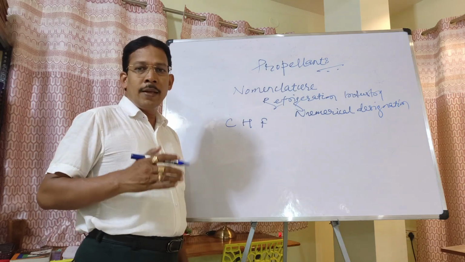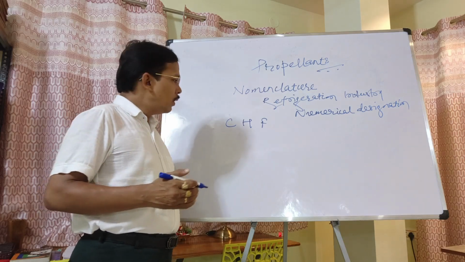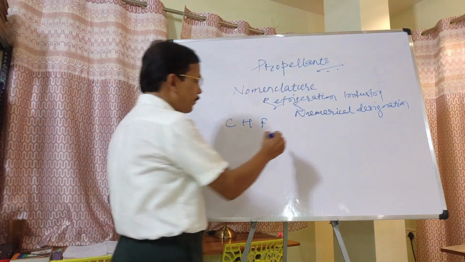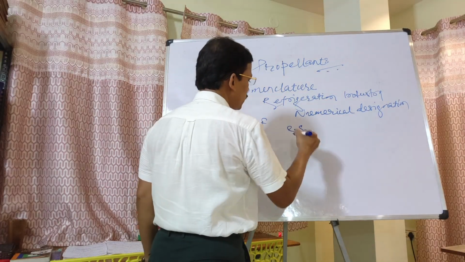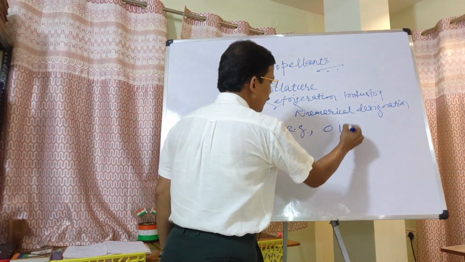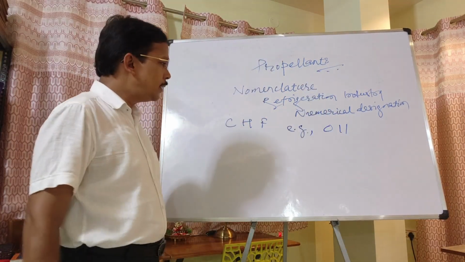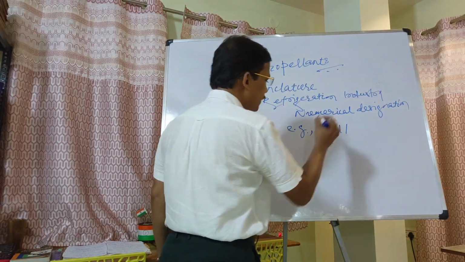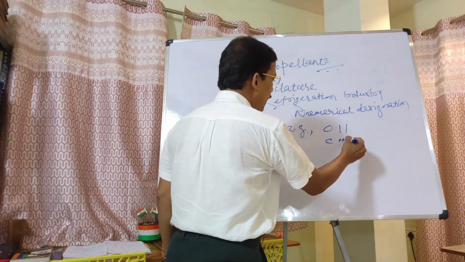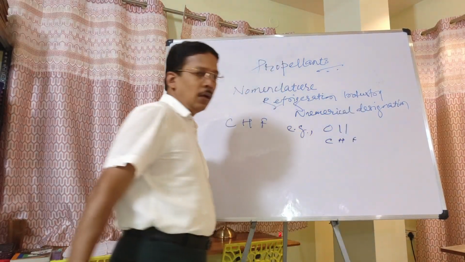And the number is given as, for example, 011. So the first digit is for carbon, the second digit for hydrogen, and the third digit for fluorine.